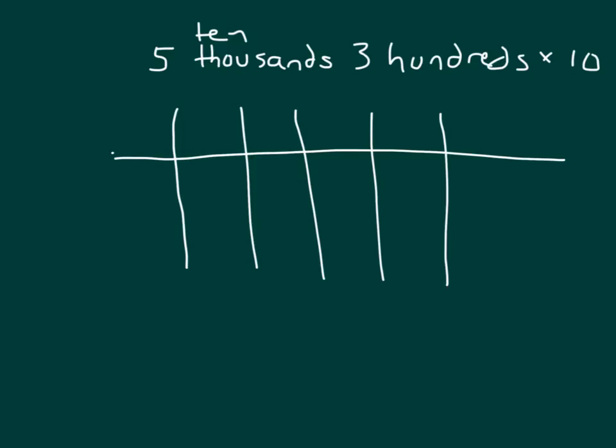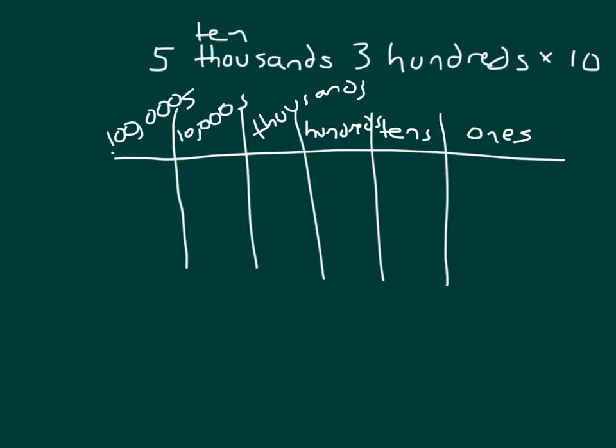Let's go ahead and use this place value chart and digits to model this problem. Can you read that problem? 5 10,000s, 300s, times 10. So let's model this first using digits. It says 5 10,000s.